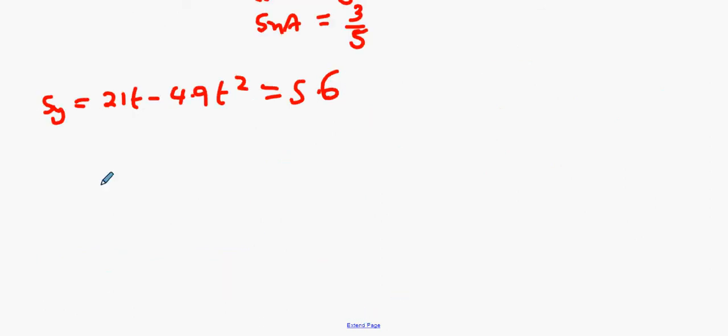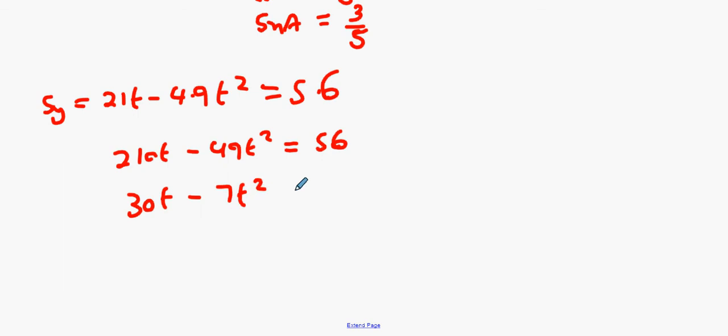I'm going to multiply both sides by 10. I'm going to get rid of the fractions. Then I'm going to divide both sides by 7. Then I'm going to move them all over to one side.